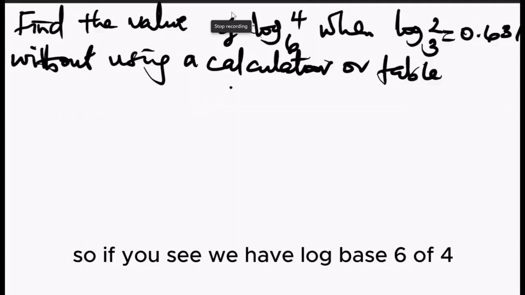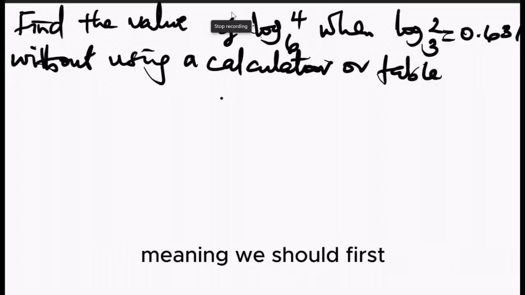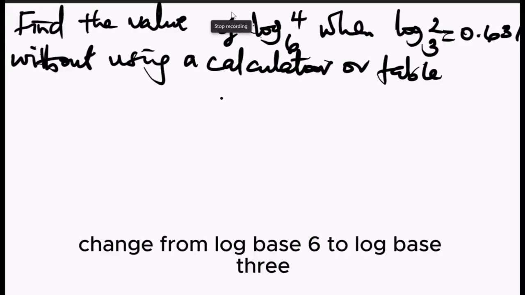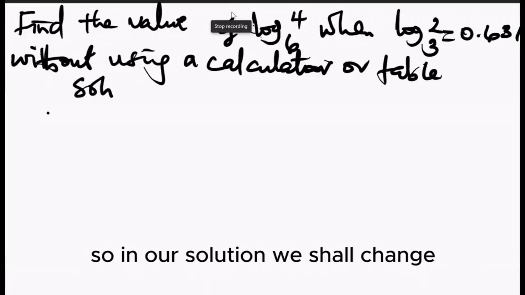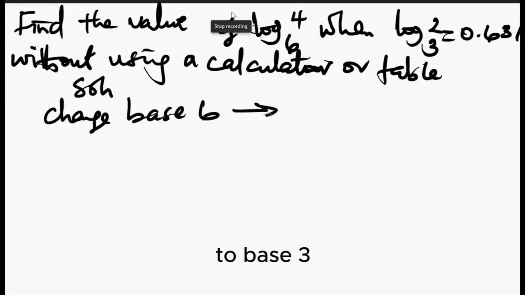So if you see, we have log base 6 of 4, but the value we are given is for log base 3 of 2, meaning we should first change from log base 6 to log base 3. So in our solution, we shall change base 6 to base 3.